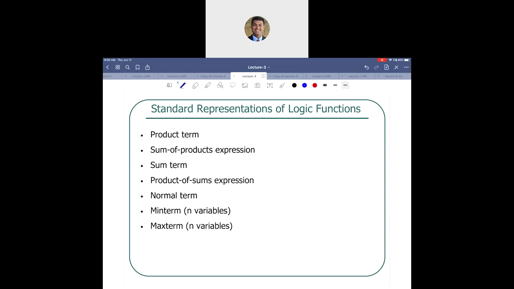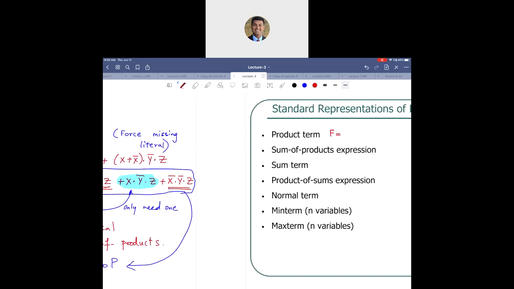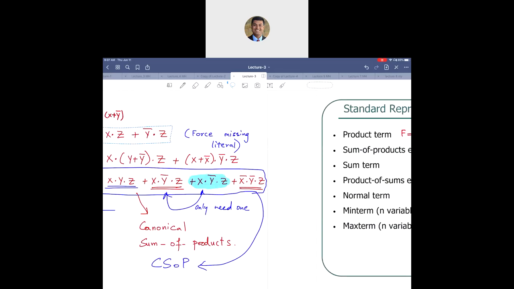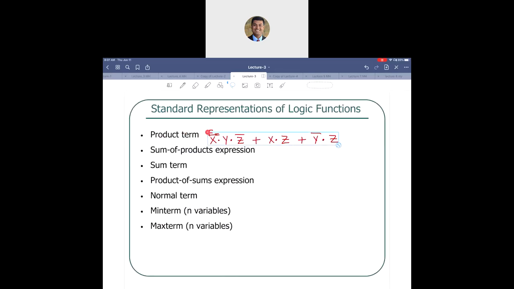So a product term is going to have n variables that are getting ANDed together, right? I will just take an example from this itself, because this has some product terms.